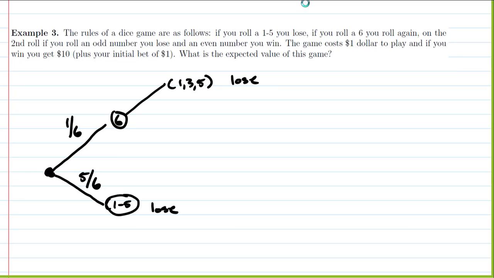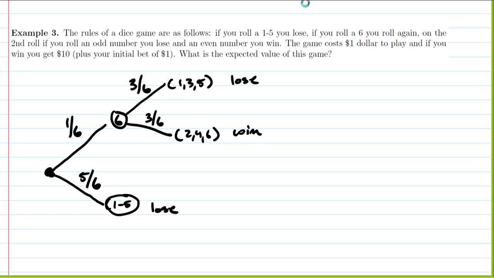The probability of rolling a 1, a 3, or a 5, well, we have 6 choices and 3 outcomes, so that's 3 out of 6. The other option is we get an even number, which is 2, 4, or 6, which can also happen with a 3 out of 6 chance, and that's where we win.